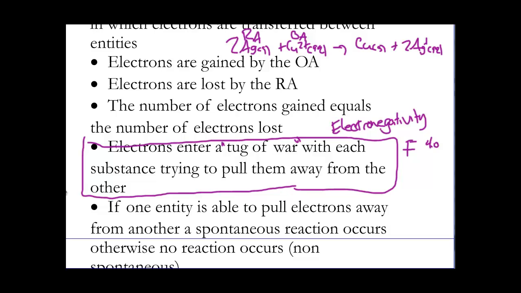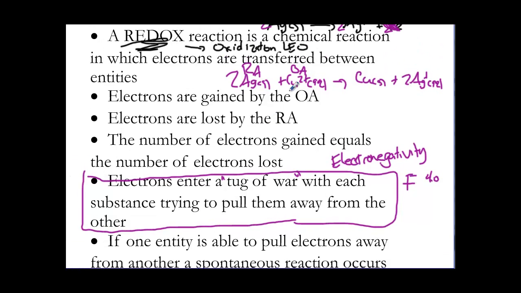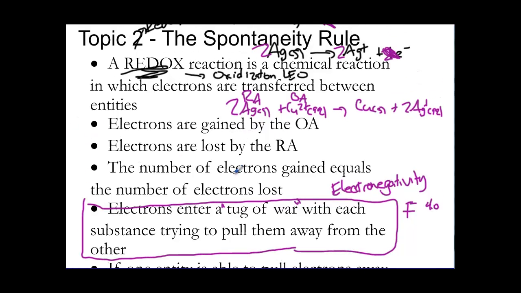I want to apply that today. Each of these species right here really are fighting for electrons, and someone is going to win that fight. The one who's going to win that fight is the oxidizing agent. Copper wants electrons more than silver, and so copper is going to steal them away. Copper currently is a cation, is positive, and when it comes in contact with the silver, that copper is going to say, I want your electrons.